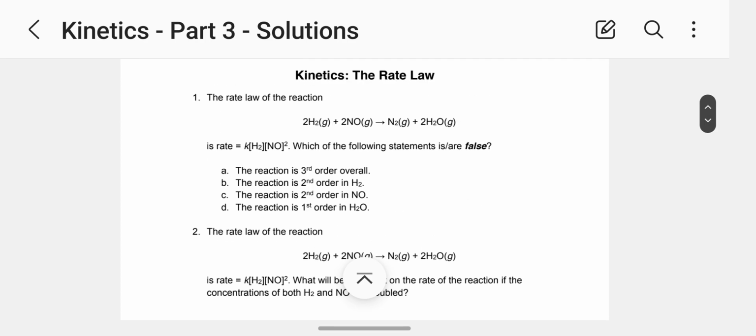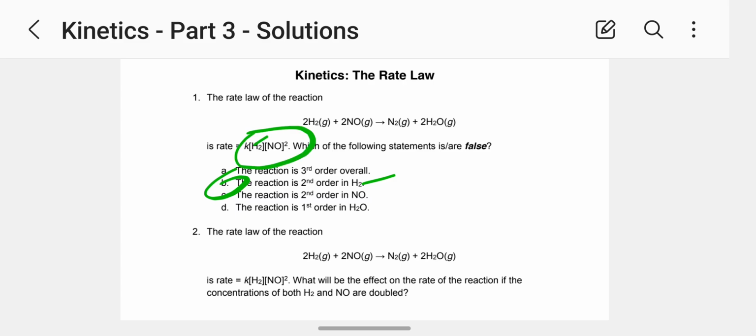Alright, then we have the rate law. Which one is false? So what do you think is false? I think the one that is false is B1, because hydrogen gas isn't second order according to the reaction equation.